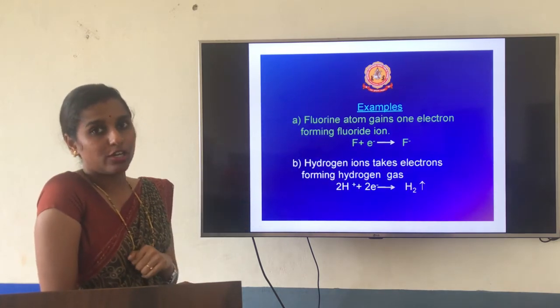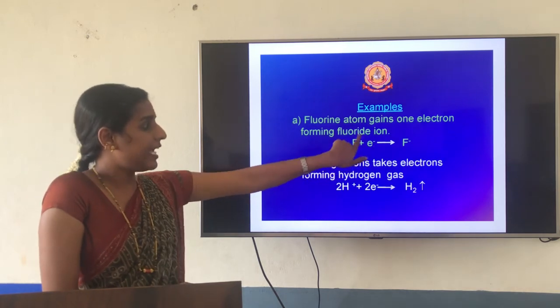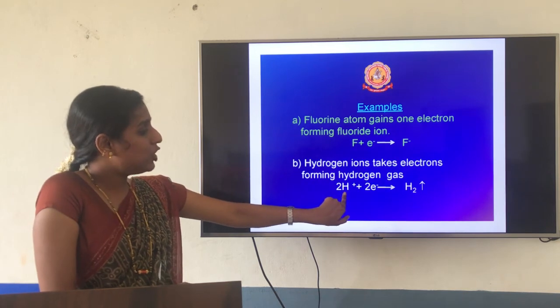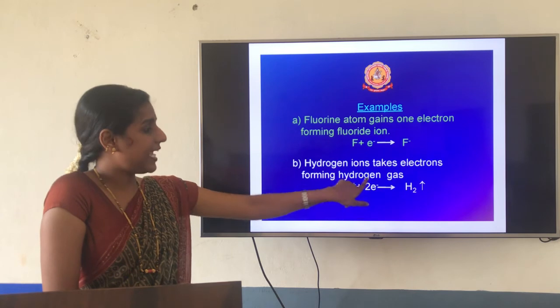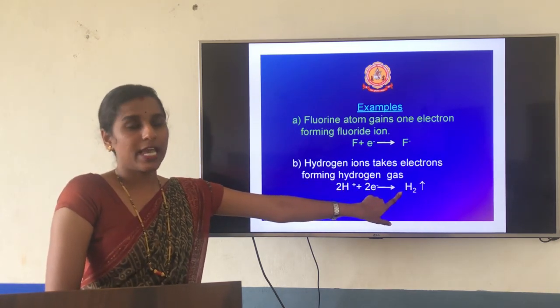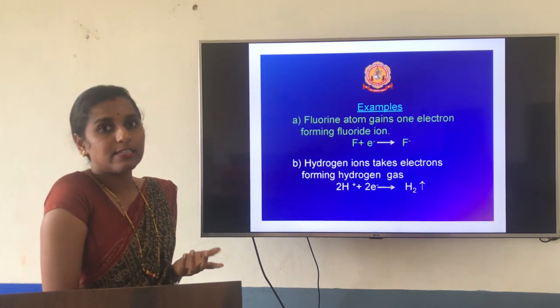By gaining of electrons, because reduction is nothing but gaining of electrons. By gaining electrons, it gets an ionic charge. In the same way, 2H+, this hydrogen ion, takes electrons so that it becomes hydrogen gas. Since it is taking electrons, we call it reduction.